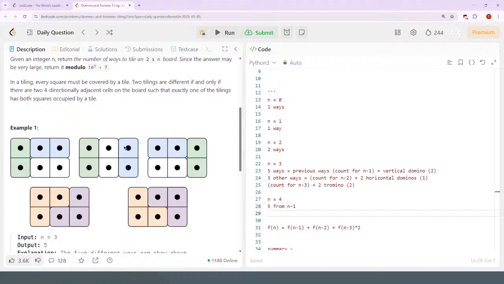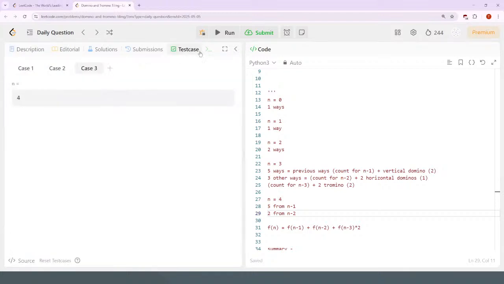And then if you take it from n minus 2, you can add two horizontal bars. So there's one way for that. And for here, that should be 2 ways from n minus 2.